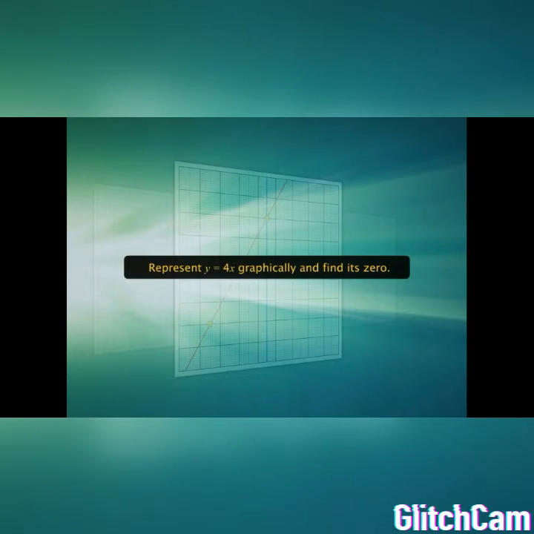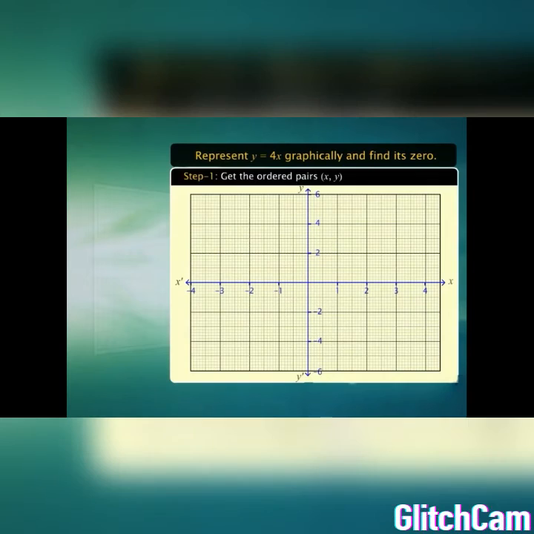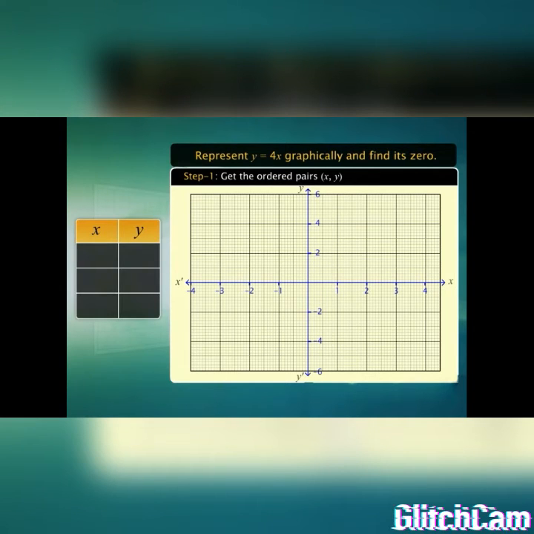Let's now take another example and find the zero of the polynomial y equal to 4x from its graph. In order to obtain the straight line corresponding to 4x, we need points that satisfy the polynomial equation. Let's take the values of x as -1, 0 and 1. We get the corresponding values of y as -4, 0 and 4.